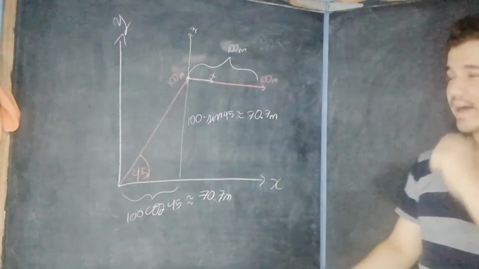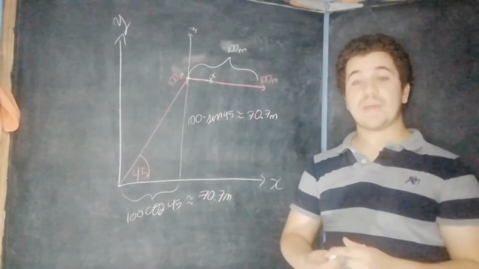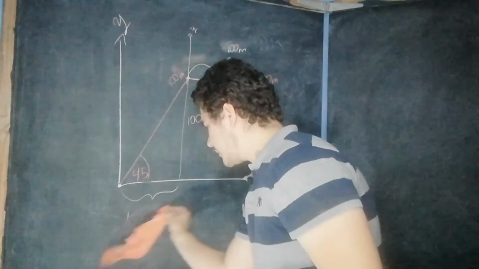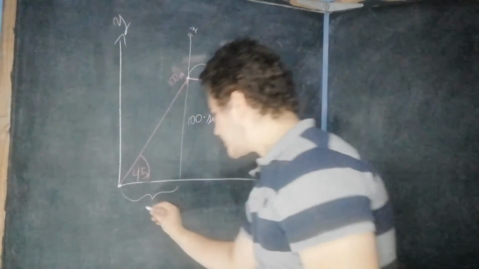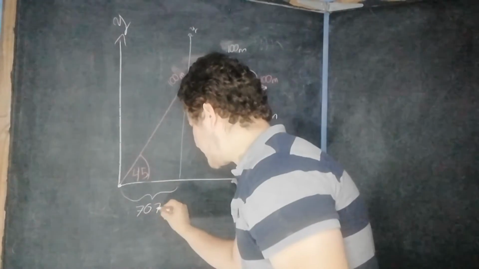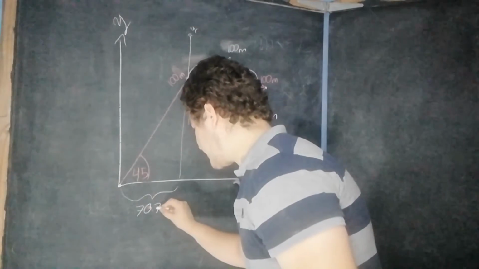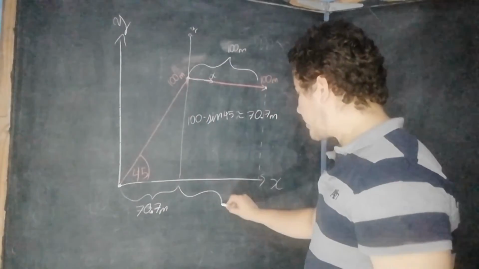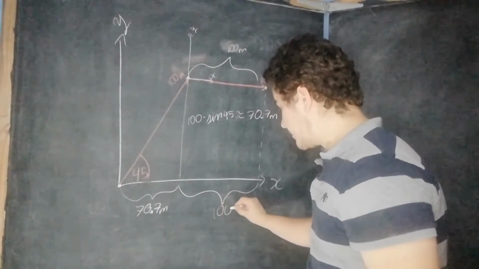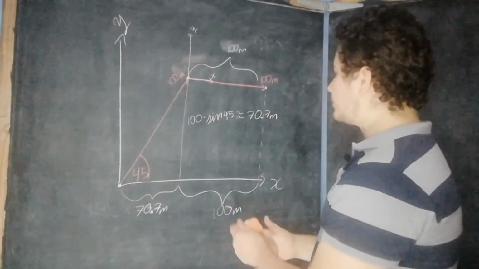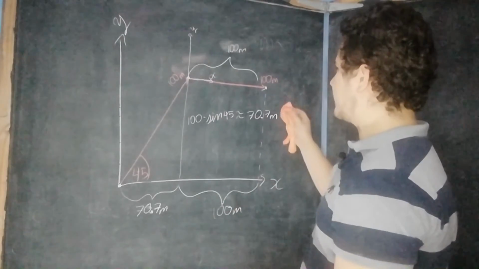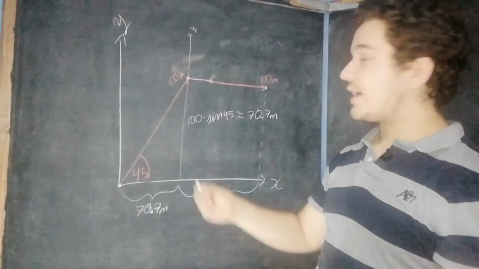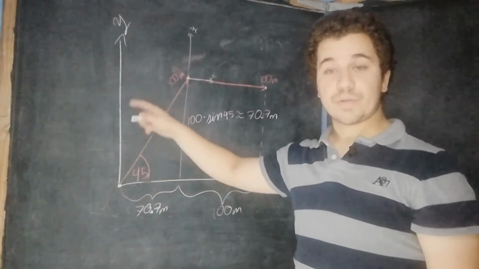So how do we add them? Well, we add the components just like if they were scalars. This is 70.7 meters, and this will have a quantity of 100 meters. And we add as well the vertical components.